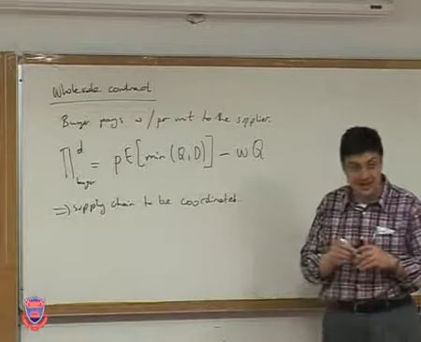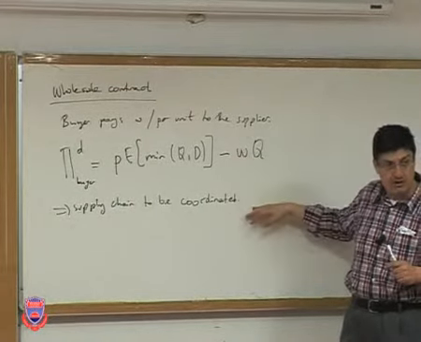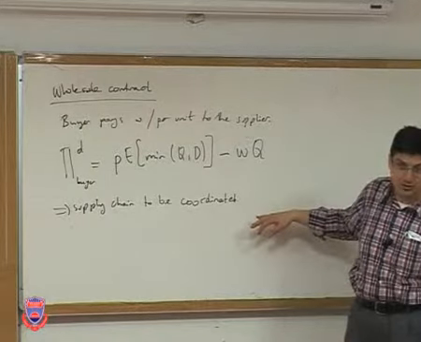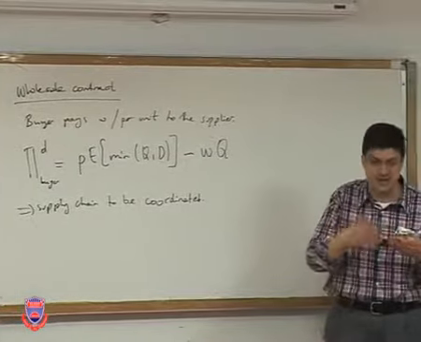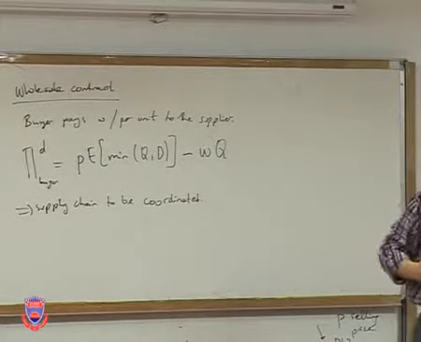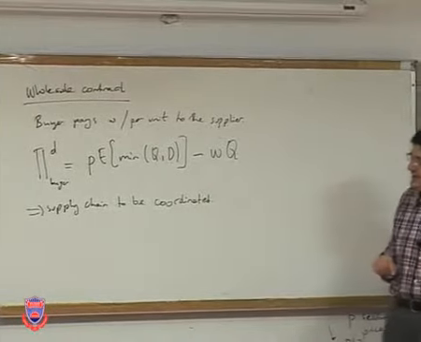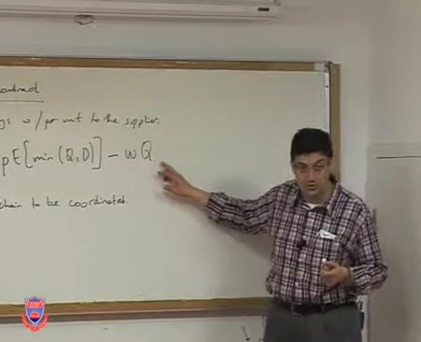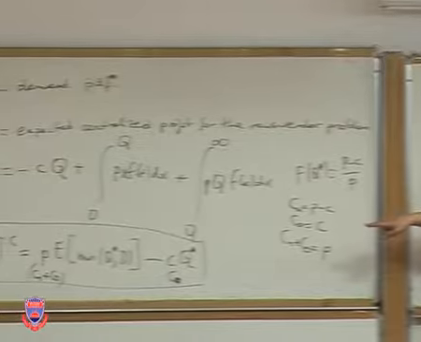Coordinated means that with the decentralized solution, we want to achieve the centralized solution, and that is what we mean by coordination. Remember, that's the way that we defined it. If we want the supply chain to be coordinated, then the Q value should be exactly the same Q value that we obtained there.